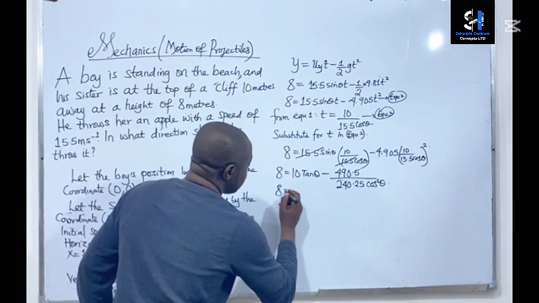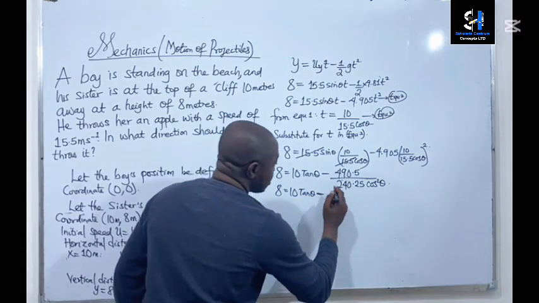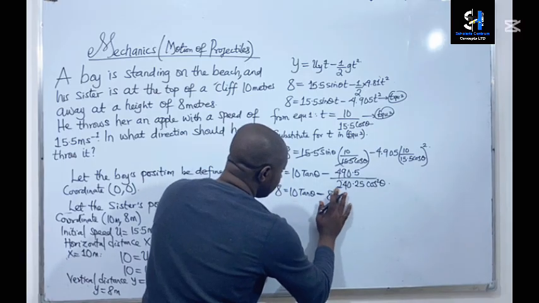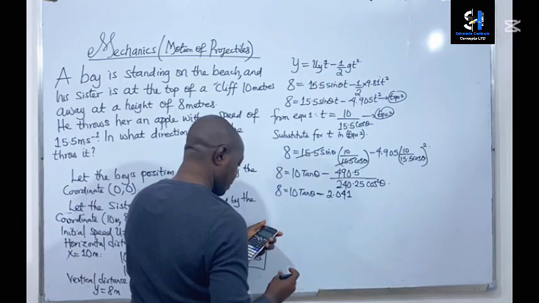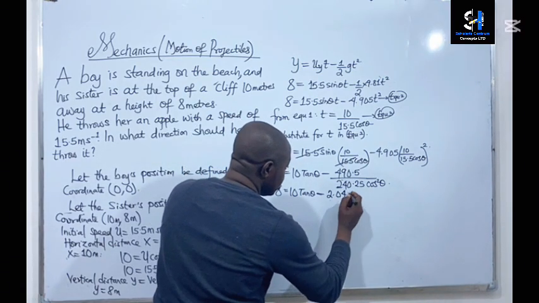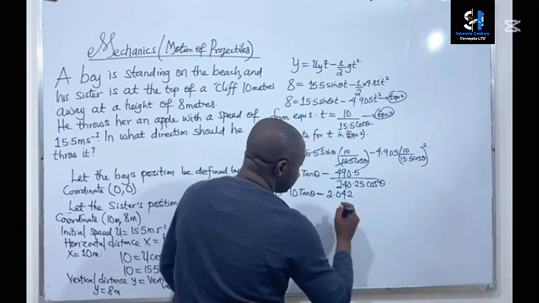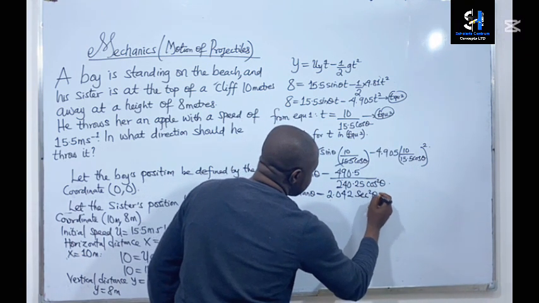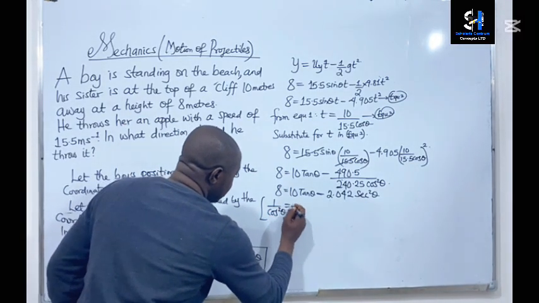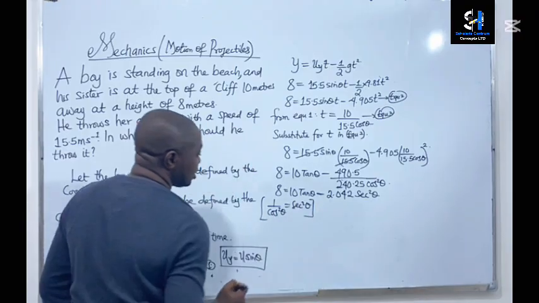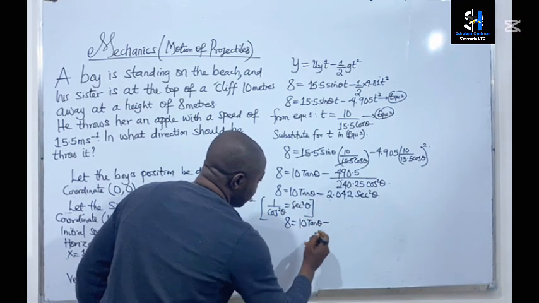So this will be 8 equals 10 tan theta minus 2.042 times 1 over cos squared theta, which is sec squared theta.